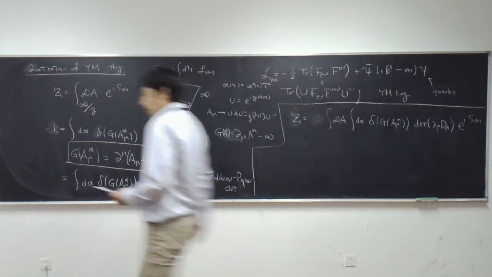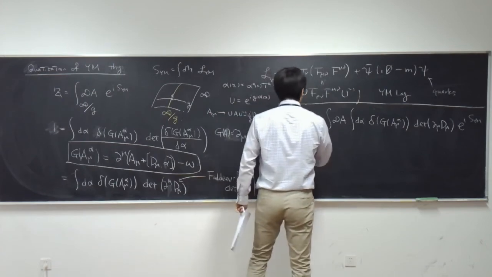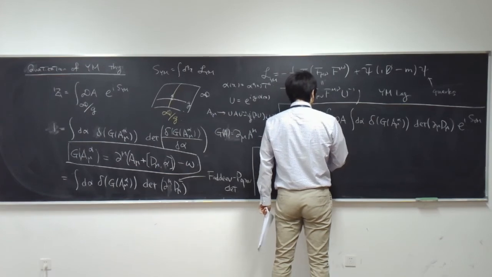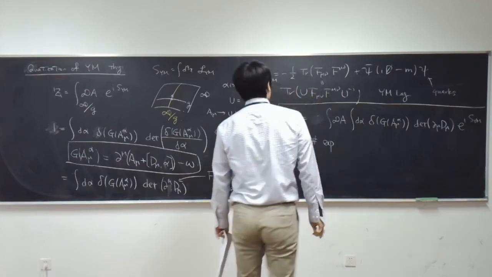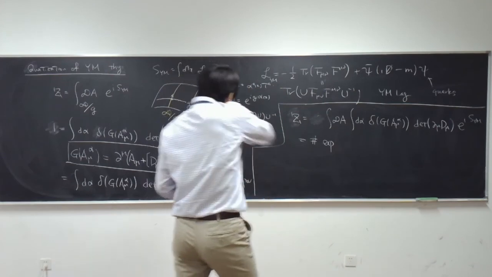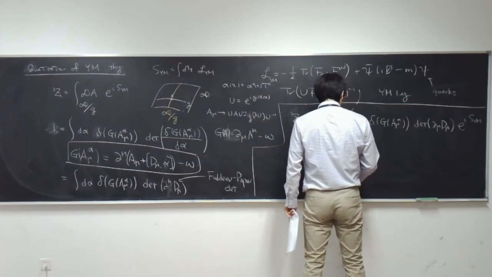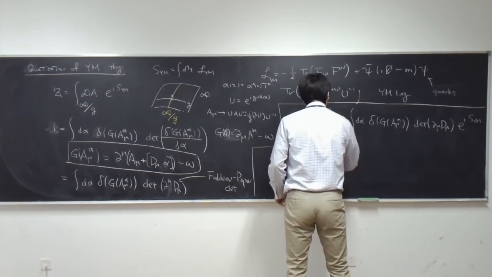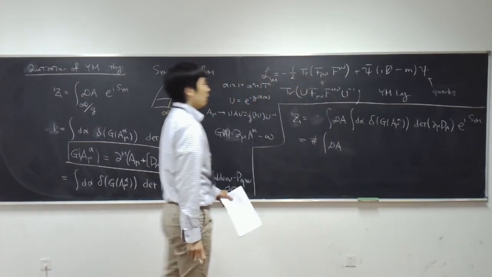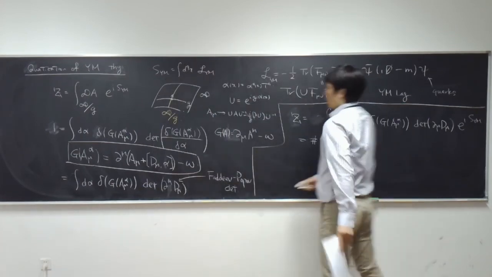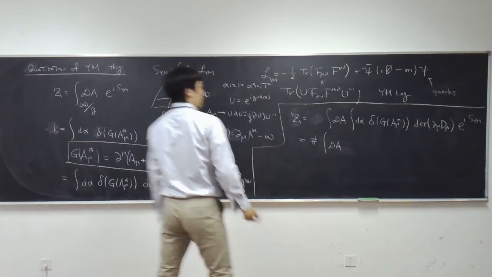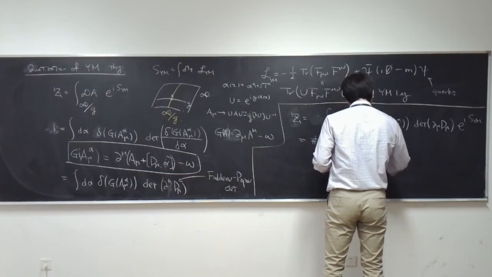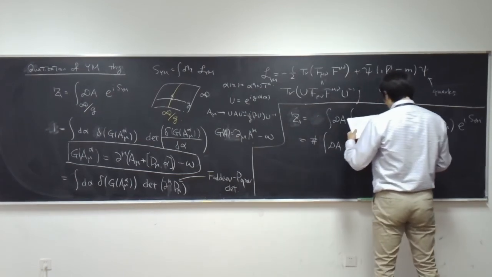Then, as we did last time, you insert some number times an exponential of omega squared, and this will give you the following. The delta function, including this Gaussian integral over omega, will give you the determinant of partial mu D mu. It's the same procedure as we did last time for the electromagnetic field.